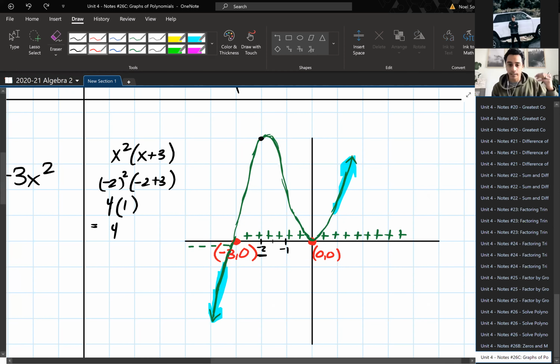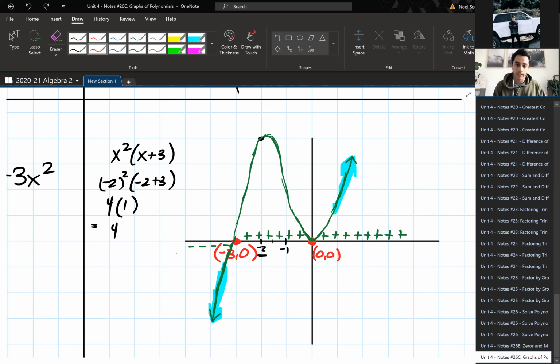The only time that the polynomial or the curve will touch the x-axis is at the critical points, at -3 and at 0. If there is no other x-intercept or critical point, there's no reason for the curve to come back down. It will usually maintain its end behavior after it has touched or passed through its last intercept.